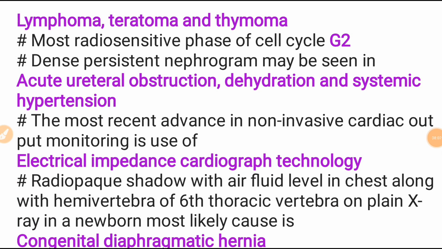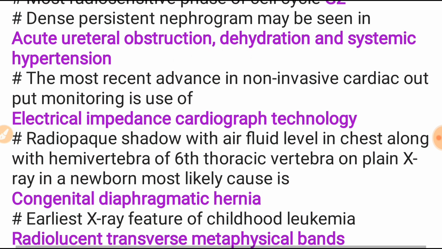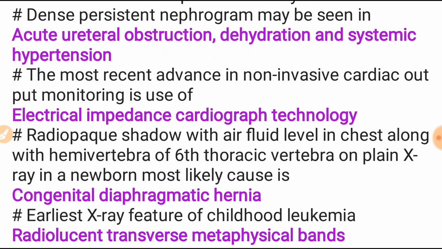Most radiosensitive phase of the cell cycle will be G2. Dense persistent nephrogram may be seen in acute ureteral obstruction, dehydration, and systemic hypotension. The most recent advance in non-invasive cardiac output monitoring is the use of electrical impedance cardiography technique.